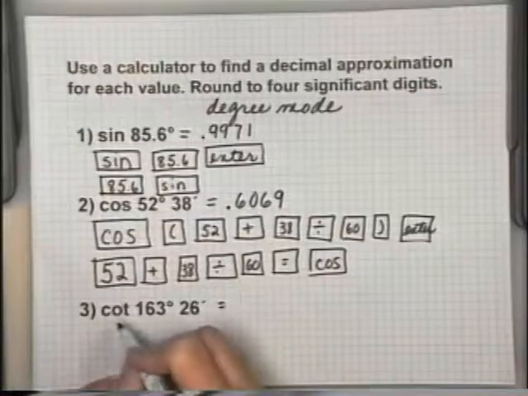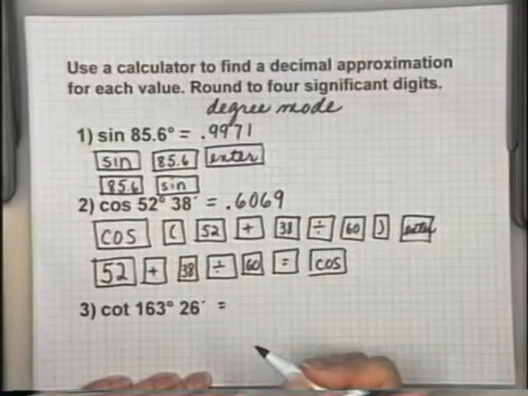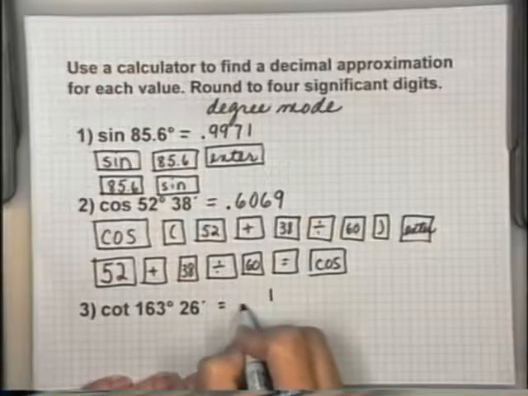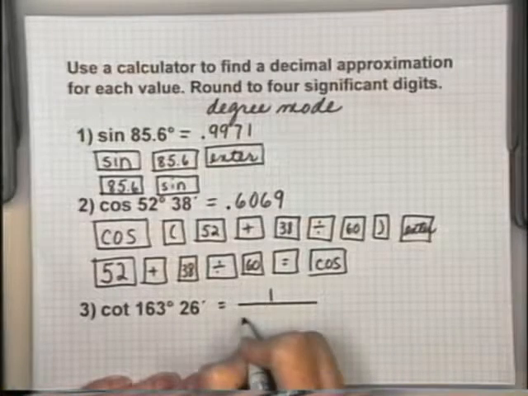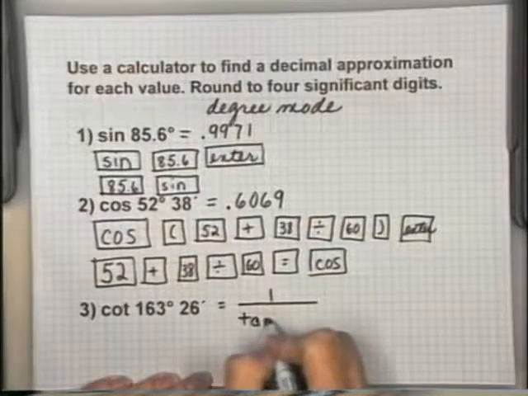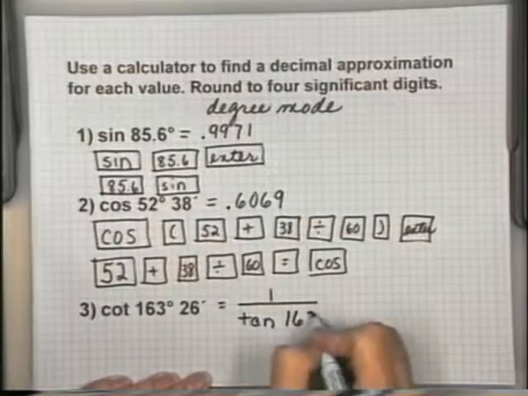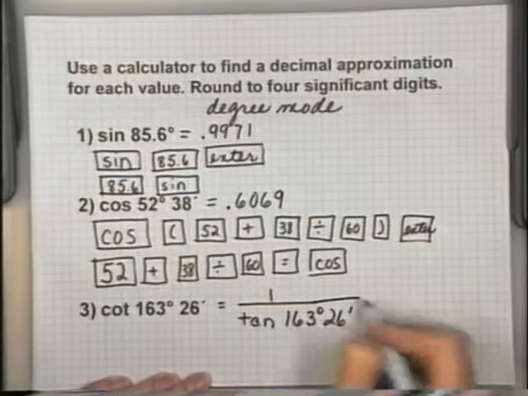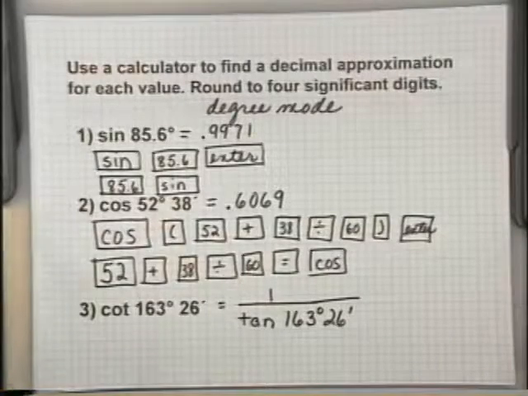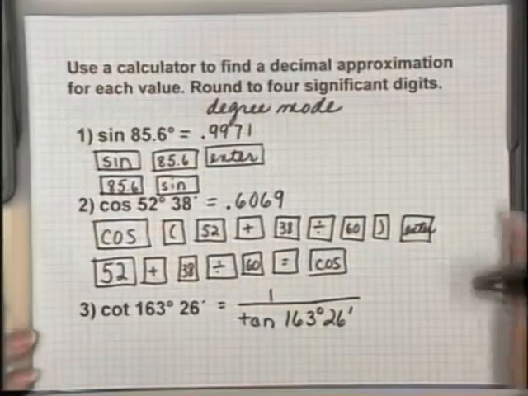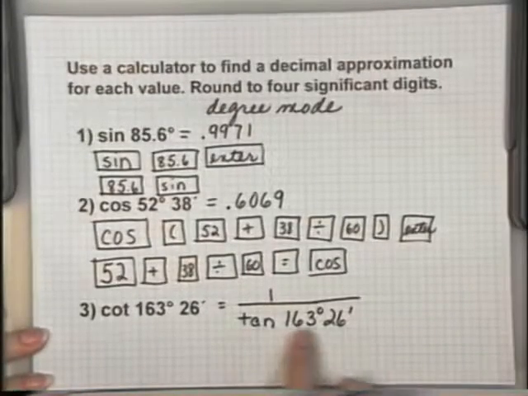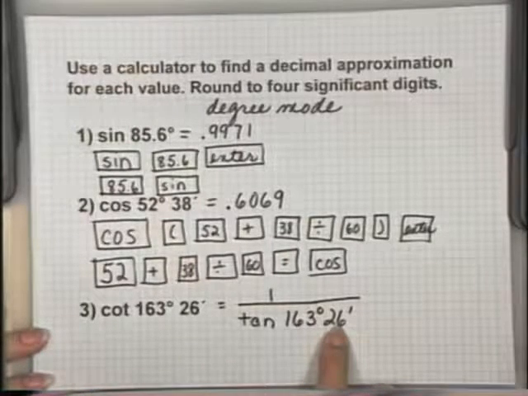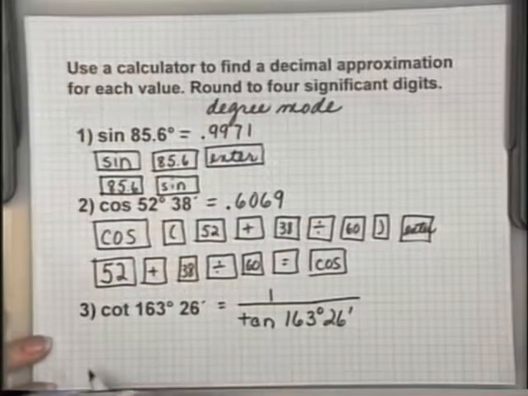So the thought is the cotangent of 163 degrees 26 minutes is the same as 1 over the tangent of 163 degrees 26 minutes. So what we will do with our graphing calculator is first we will find this tangent value, and then we'll use our reciprocal button.